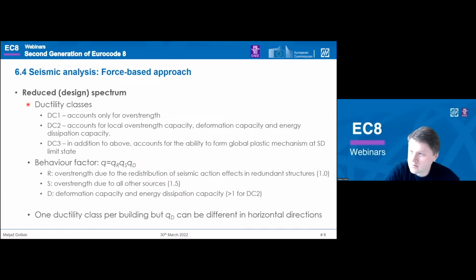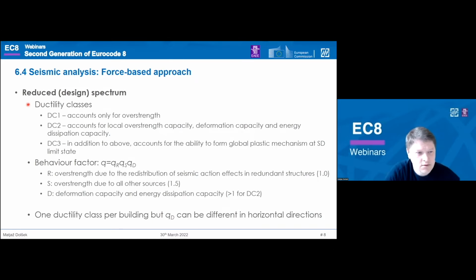So it accounts for the ductility partially, but only on the local level of the members, and the global plastic mechanism is controlled, but not designed. So this is the novelty of the code.